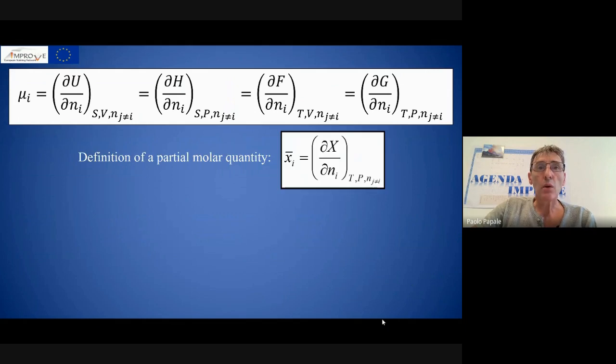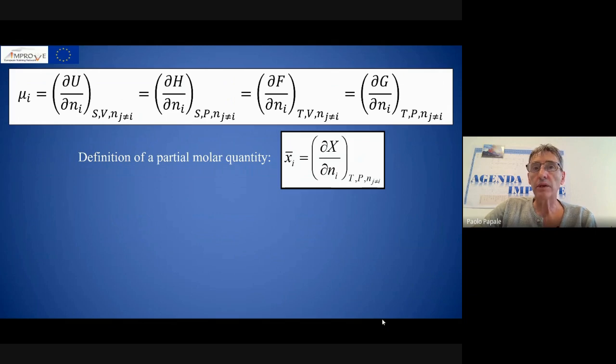Now, let's recall the definition of partial molar quantity of a component in a mixture, which is given by the derivative of an extensive total quantity, capital X, with respect to the number of moles of that component when pressure, temperature, and the number of moles of all other components in the mixture are kept constant.